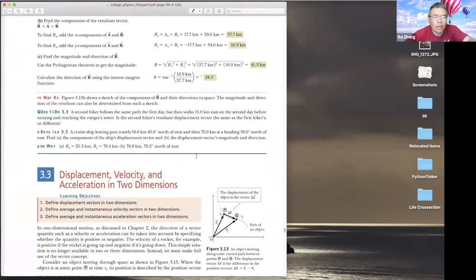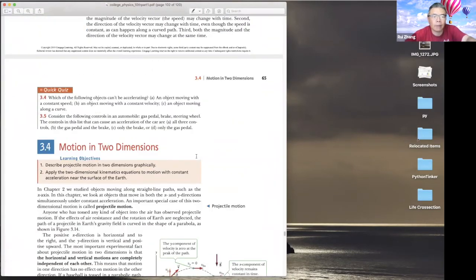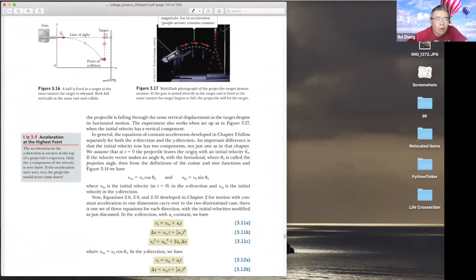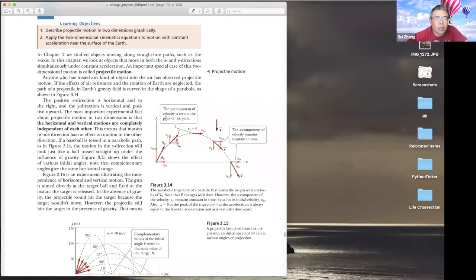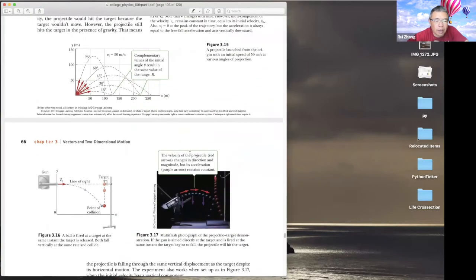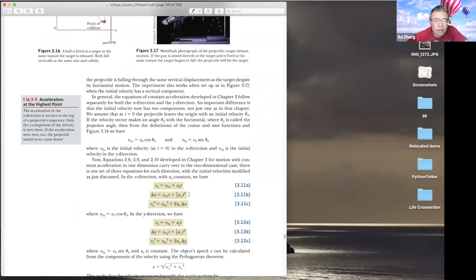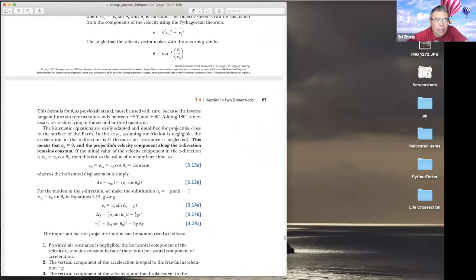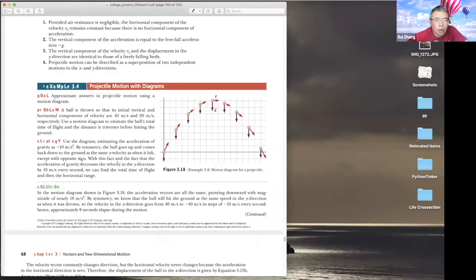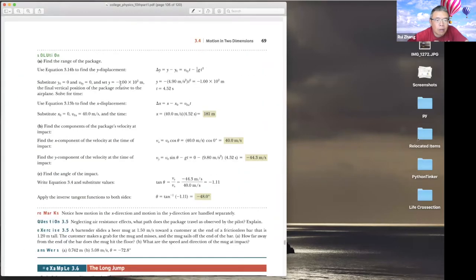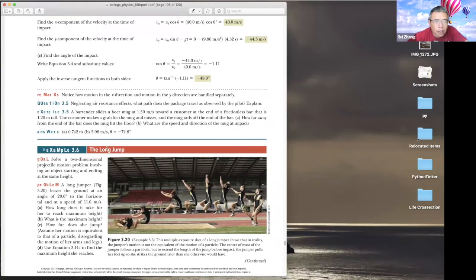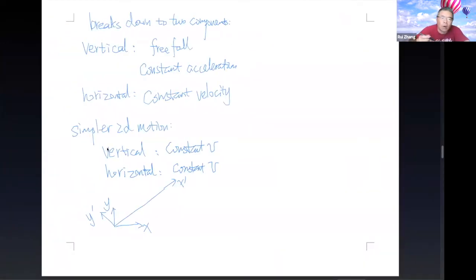Okay, so let's talk about an example here. Let me try to explain in general what happens, and then we will do a specific example, like the long jump. Let me explain this motion qualitatively first.